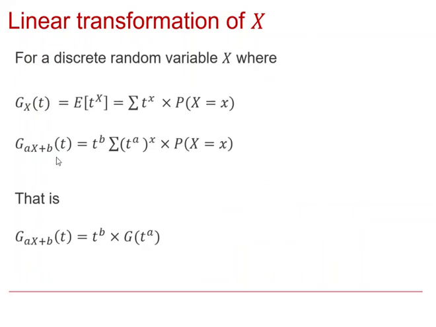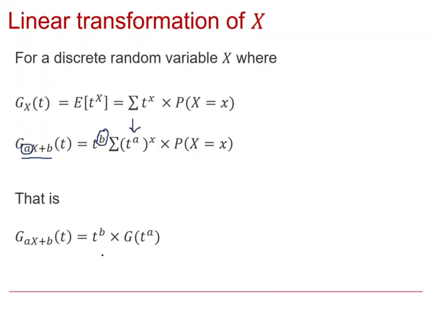Generalizing that, you have seen from what we did before that the generating function of 3x plus 1 is t to the 1 multiplied by the summation of t cubed to the power x multiplied by the probability the random variable takes that particular value of x. So if we have a general transformation ax plus b, we would have t to the b multiplied by our generating function, but instead of just t, it's in terms of t to the power a.